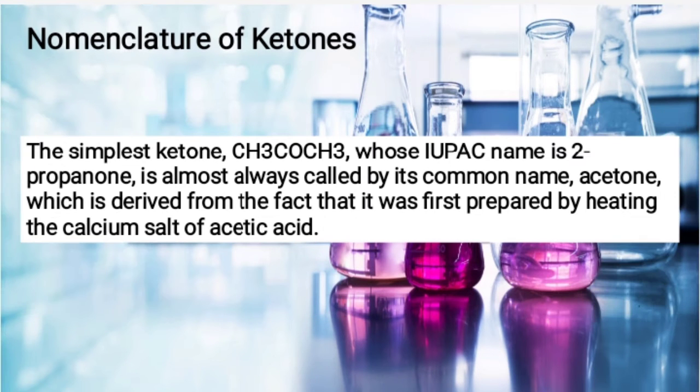The simplest ketone, CH3COCH3, whose IUPAC name is 2-propanone, is almost always called by its common name, acetone, which is derived from the fact that it was first prepared by heating the calcium salt of acetic acid.